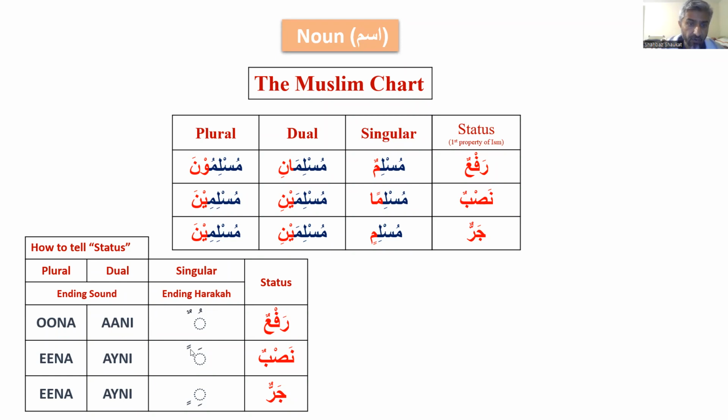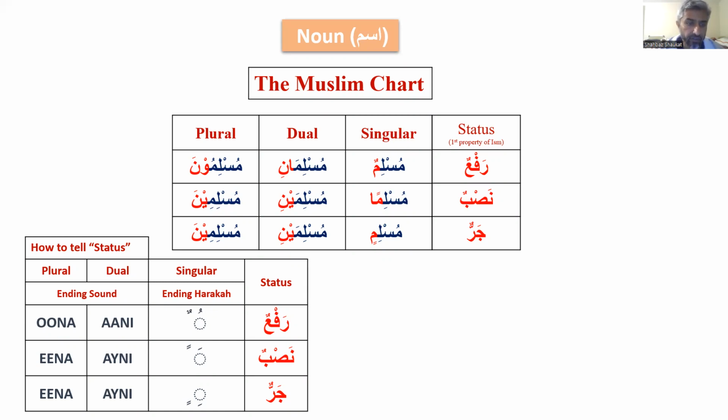Single fatha or double fatha means Nasab. Single kasra or double kasra means Jar. For duals, the ending sound ani, like Muslimani, means Rafa. If the ending sound is aini like Muslimaini, then it is either Nasab or Jar.